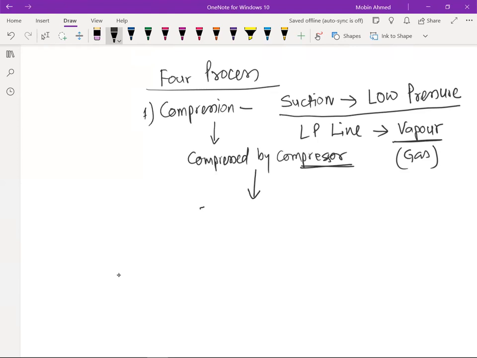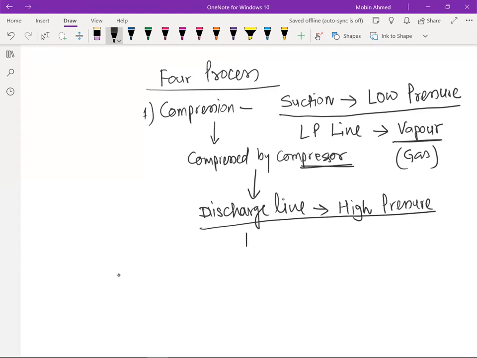Then there is going to be the discharge line. This discharge line is known as a high pressure line also, or HP line.